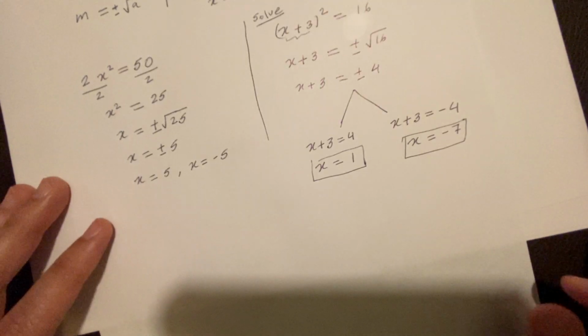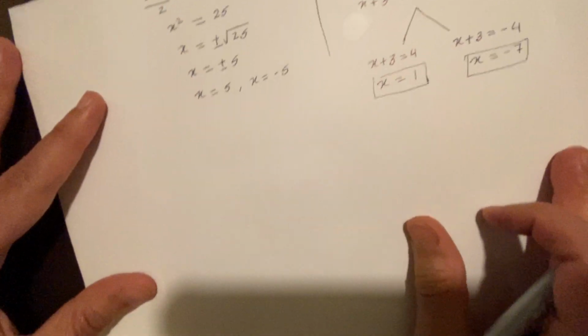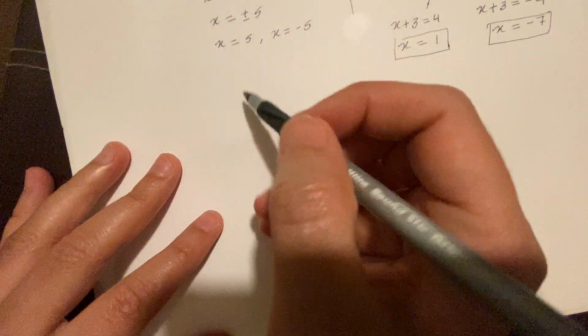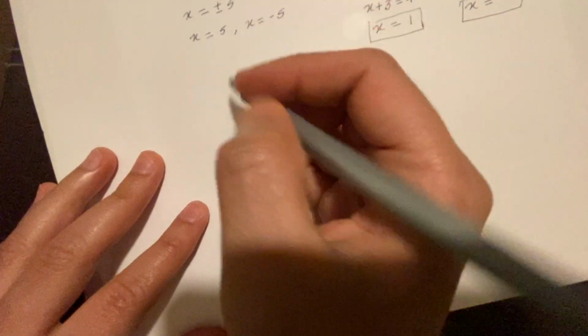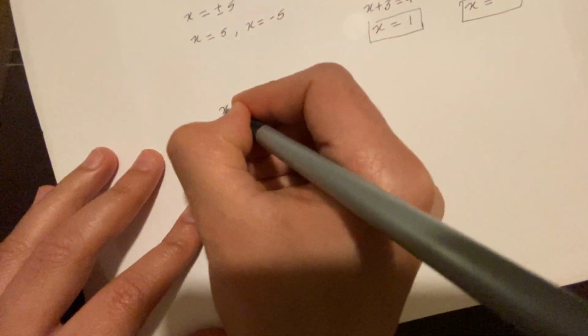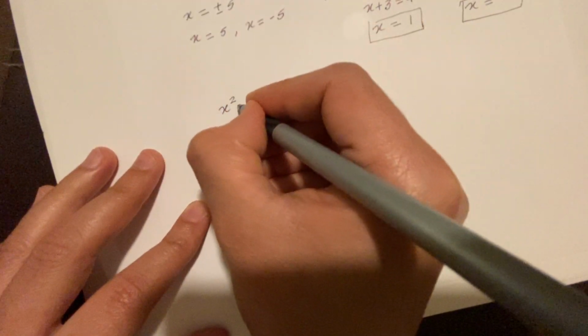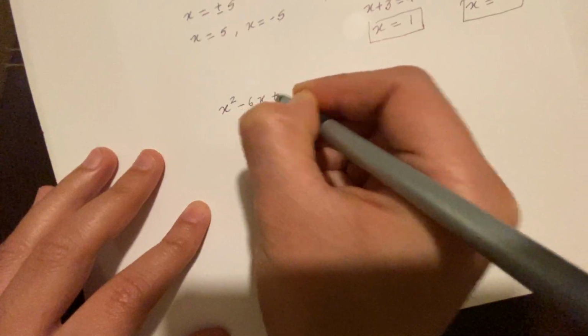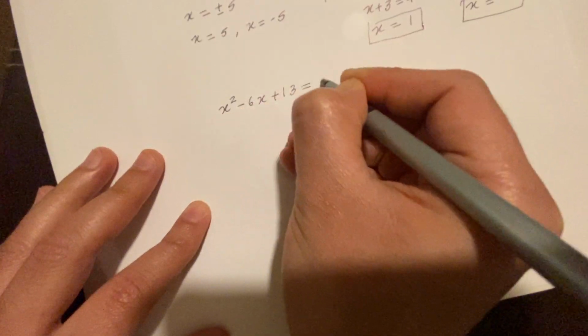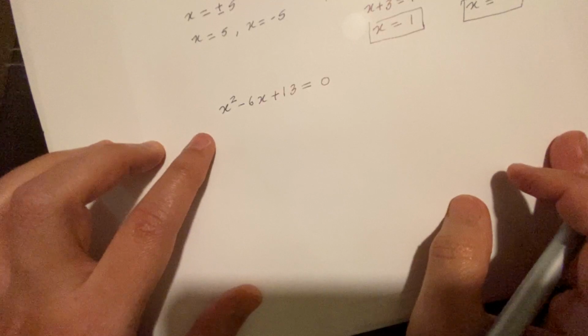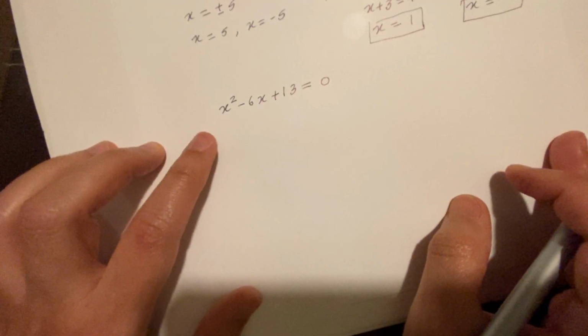Okay, so the next one, let's do this problem. x squared minus 6x plus 13 equals 0. And we need to find the value of x.